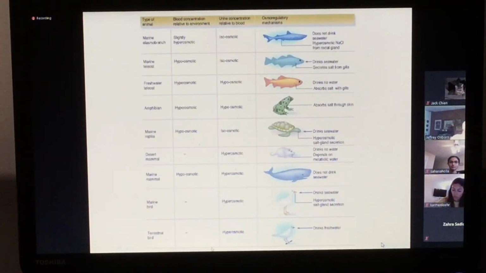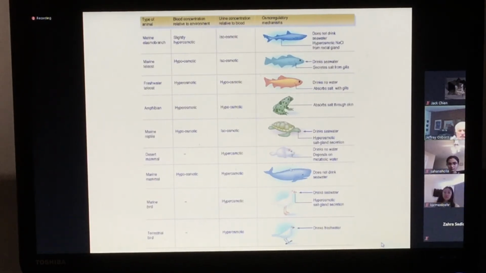All right, so now here are some organisms that tell you a little bit about how these organisms regulate their internal milieu. It gives you the type of animal, shows you a number of different animals. So let's take the marine mammals, for example, whales, the porpoises, and so on.